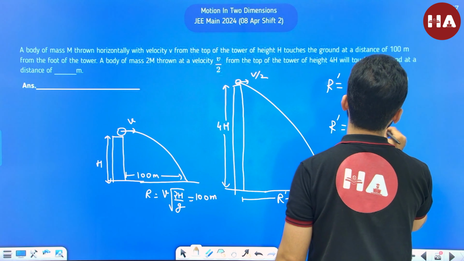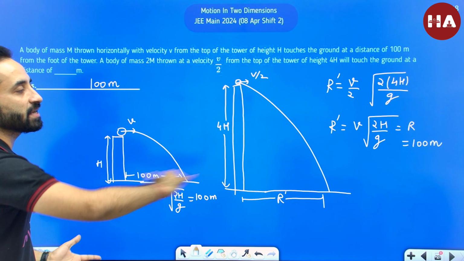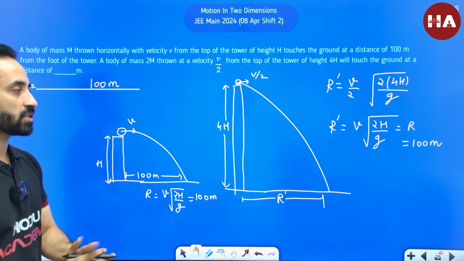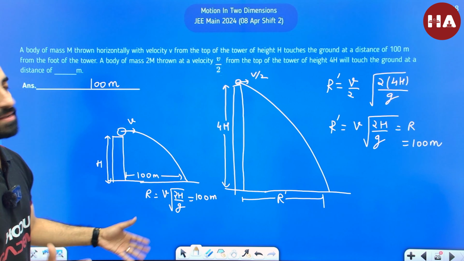So the correct answer is going to be 100 meters. Why? Because the effect got nullified. Why did it get nullified? Because if you made the velocity half, the time became 2 times, and ultimately the distance is speed into time in the x direction, because there is no acceleration, and hence the range is still the same, that is 100 meter.